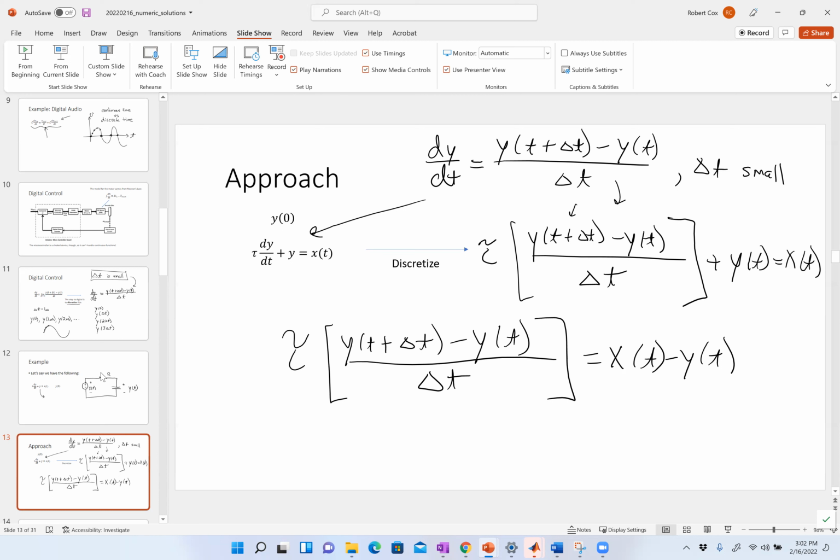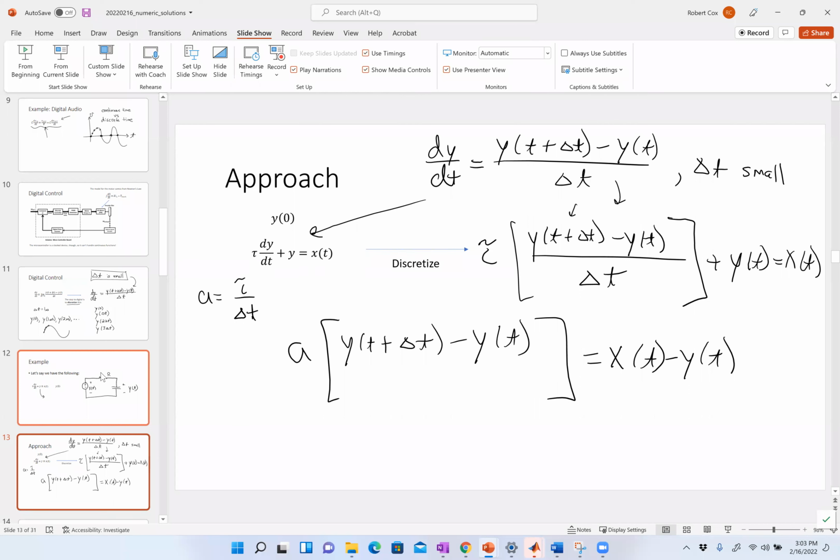This is an ugly looking equation to me. I don't like this tau and delta t. I'm going to make a definition here: I want a to be equal to tau over delta t, like that. So I'm going to write this thing like this. A times that whole thing is equal to that.